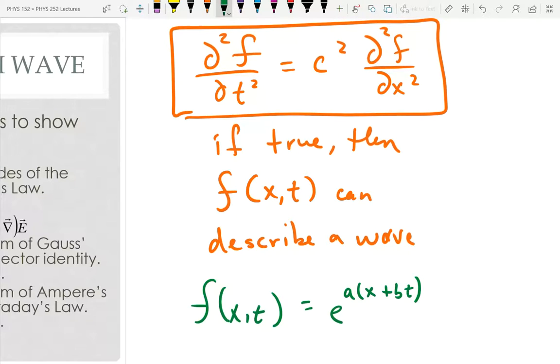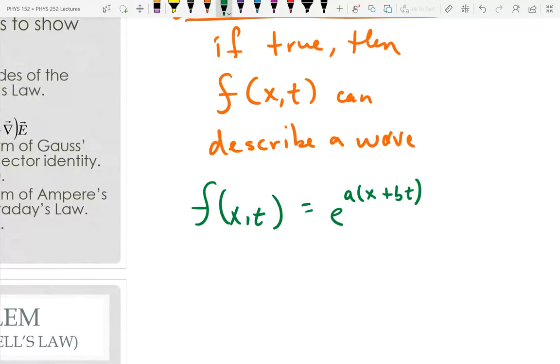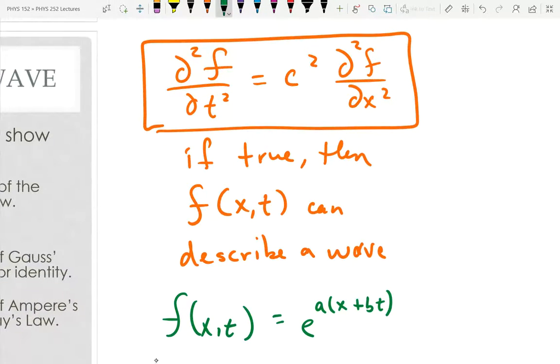And see if that's a solution. Now that doesn't look like a good solution, but see if it is a solution. And so how would I test to see if this green function is a solution to that wave equation?